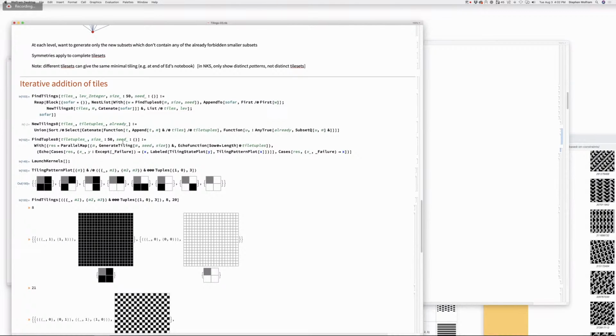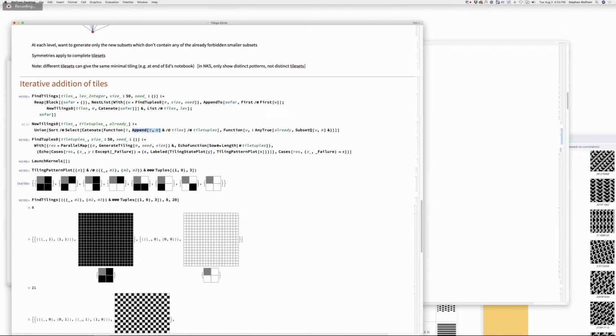Okay, so let's take a look at what it thinks it's doing. So far, these are going to be tiles, the so-far tiles, otherwise known as already. I believe this function is the one that is trying to append. Yes, look at this. Here's what it's doing.